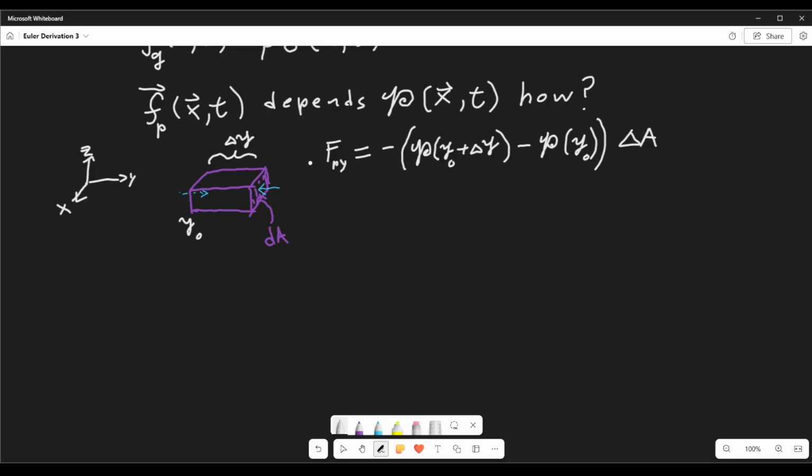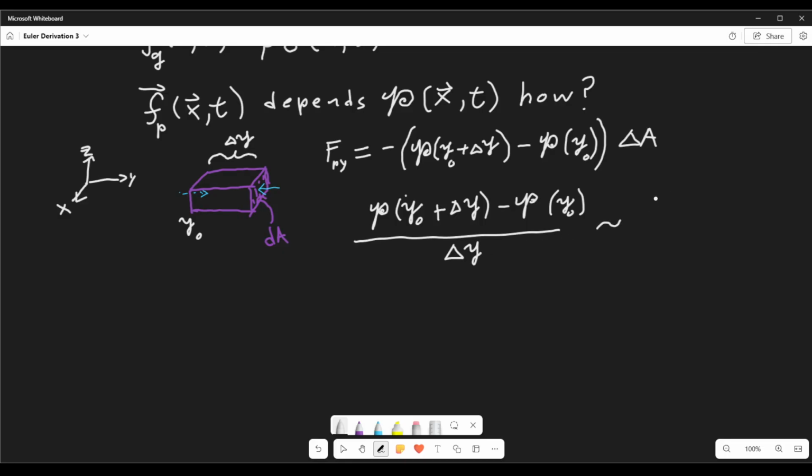So another way to write this is basically the pressure, and this is just going to use basic calculus, so pressure at y plus delta y minus pressure at y naught divided by delta y. This basically goes like the derivative of the pressure with regard to y.